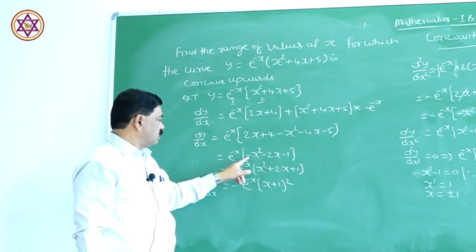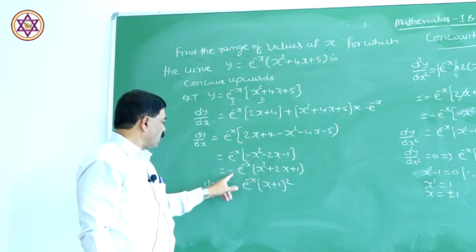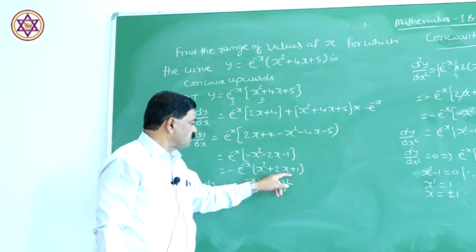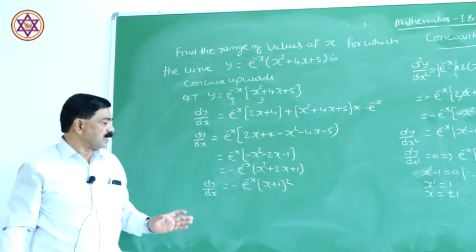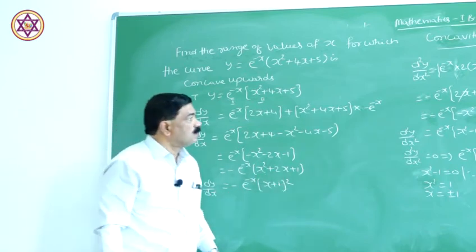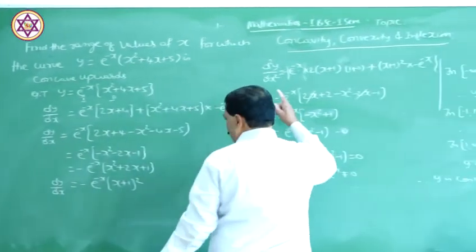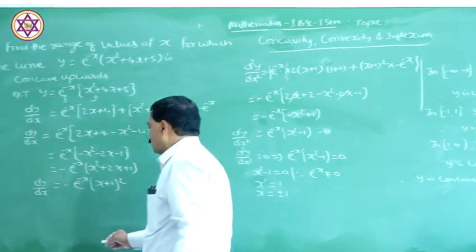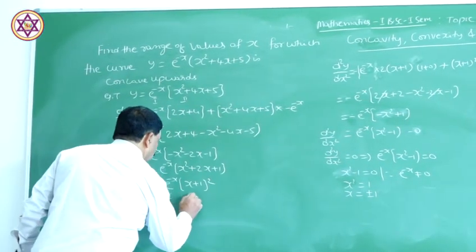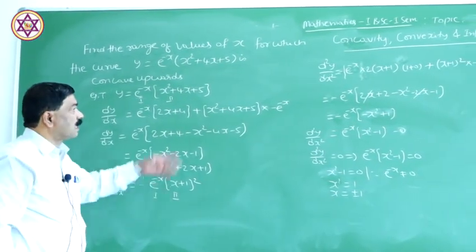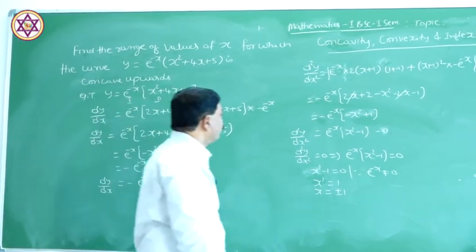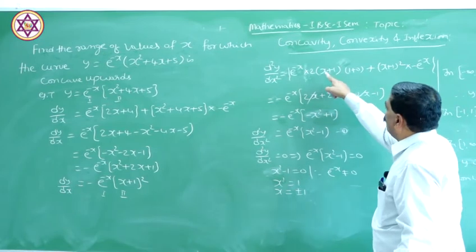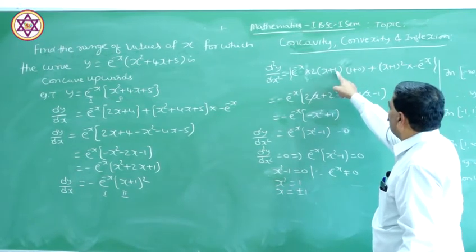Again, taking the minus sign as common, we get −e^(−x)(x² + 2x + 1). x² + 2x + 1 can be written as (x + 1)². Again differentiate using the product rule. Taking e^(−x) as the first function and (x + 1)² as the second function: first into derivative of second, 2(x + 1) times 1.